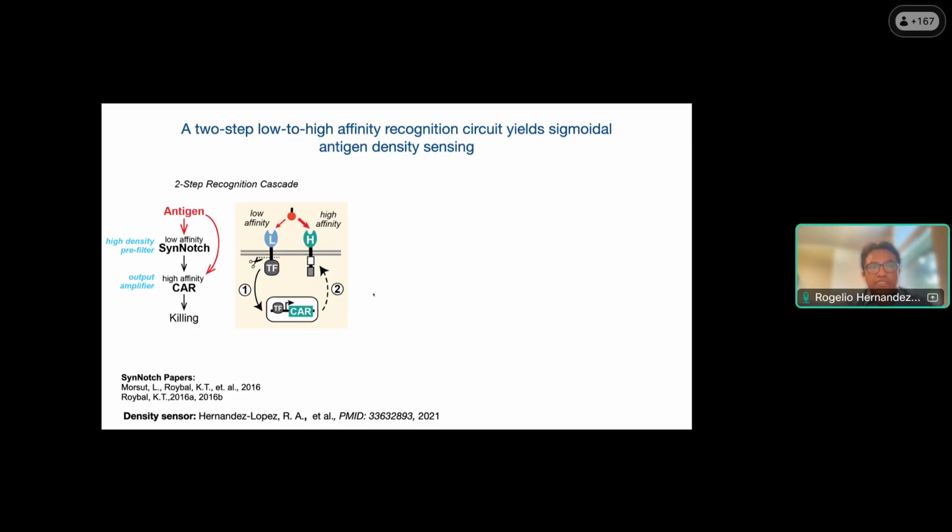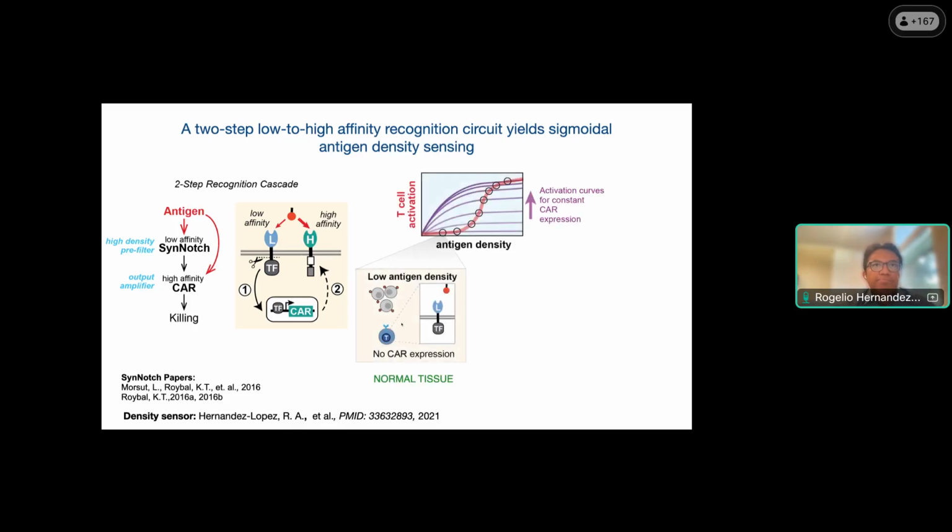these engineered T cells. So for example, if we use a synthetic notch receptor of a very low affinity for the antigen, and these cells encounter other cells that express the antigen at low levels, because the frequency of interaction between the antigen and the receptor is low, that results in no CAR expression.